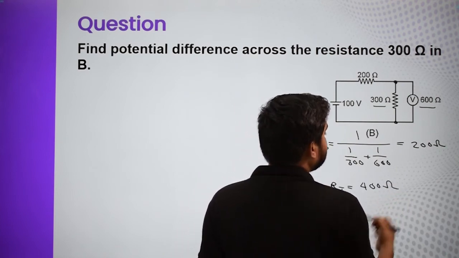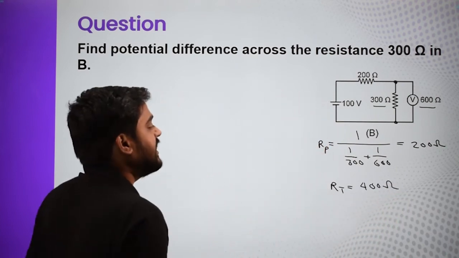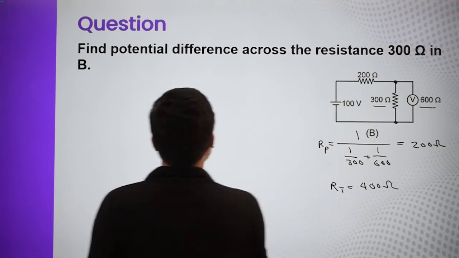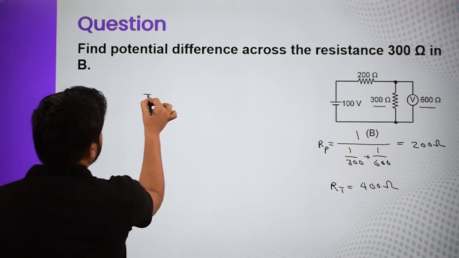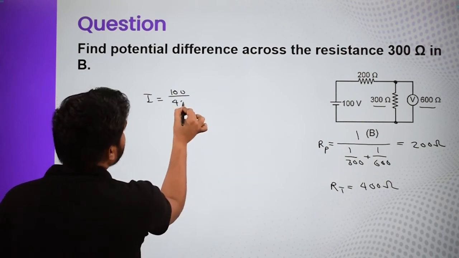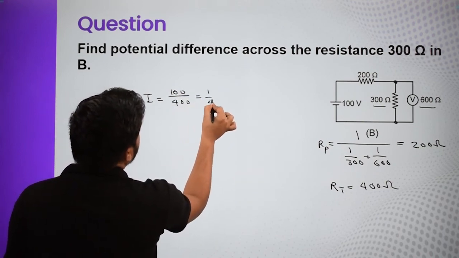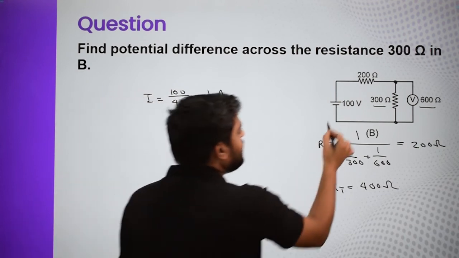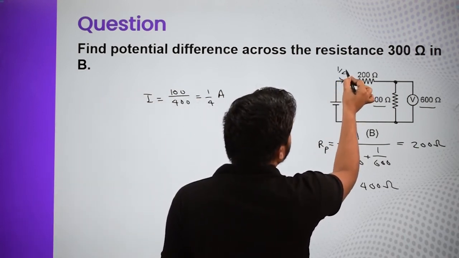That is 200 plus 200 in series. Now, I am finding the current. So current is basically V by R and V is again 100 and the entire resistance is basically 400. That gives me 1 by 4 ampere.